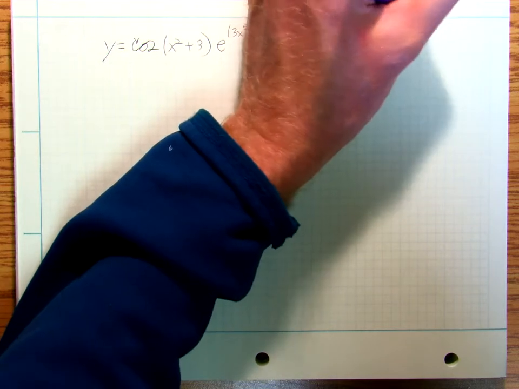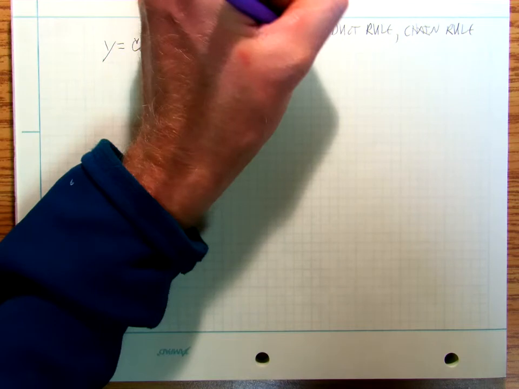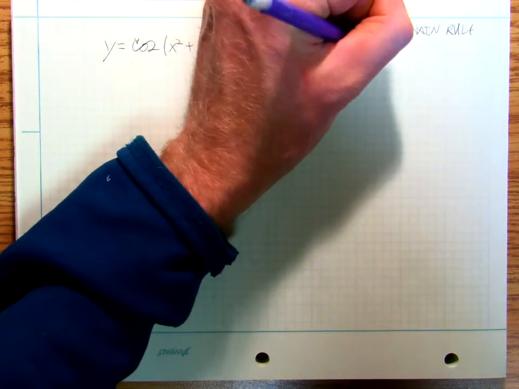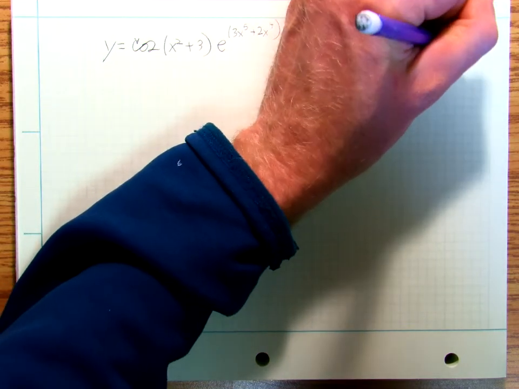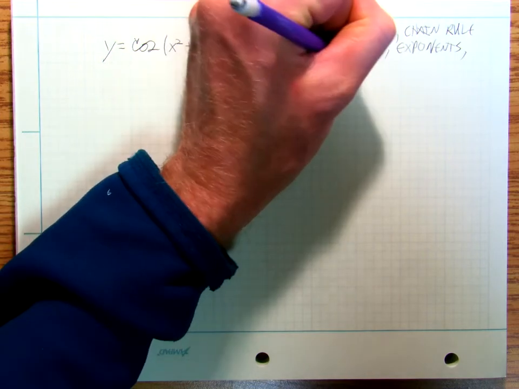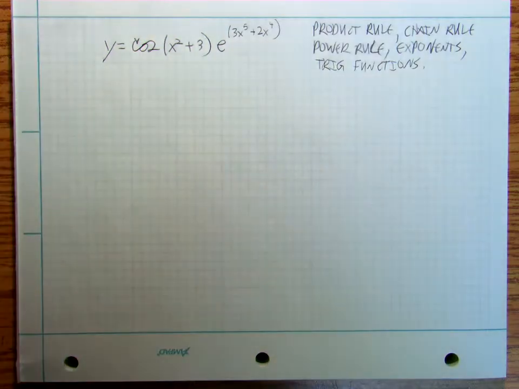We got product rule, we got chain rule, we got power rule, we got exponents, and we got trig functions. So we got it all.